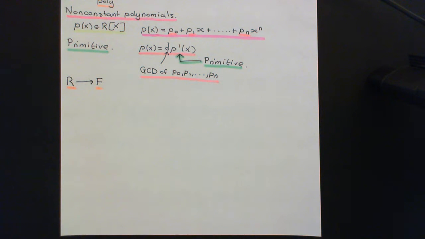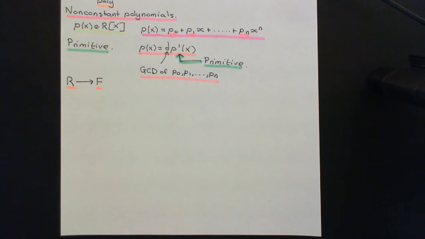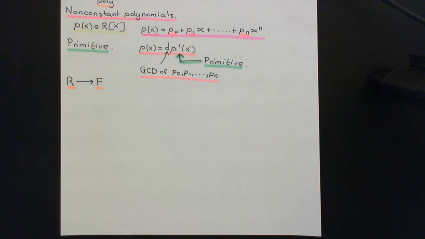We do have an entire video on fraction fields in this playlist on ring theory, so if you're a bit rusty on fraction fields, I advise that you go and watch that. Remember the integral domain will be entirely contained within the fraction field. There is a very natural injective homomorphism from the integral domain into its fraction field.